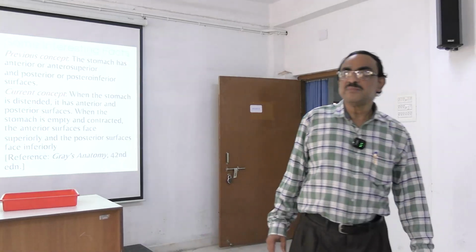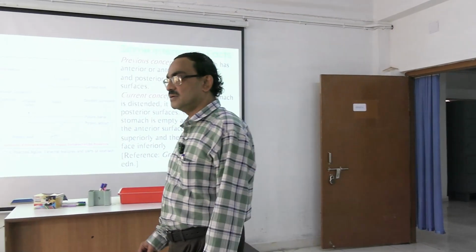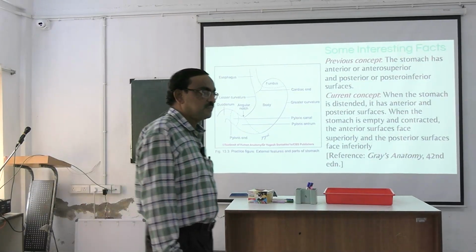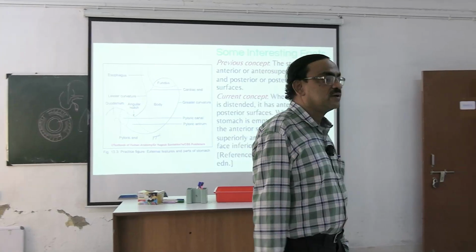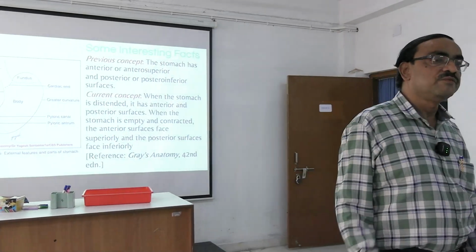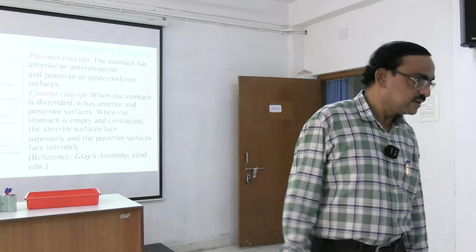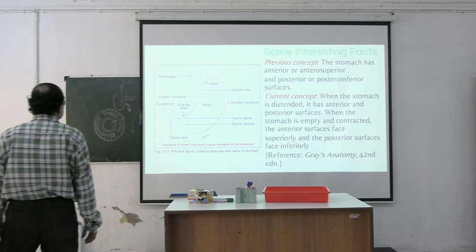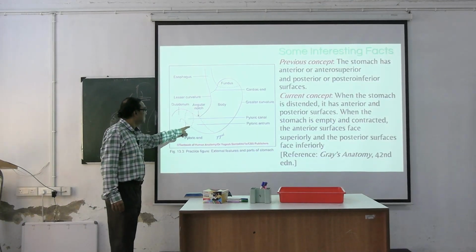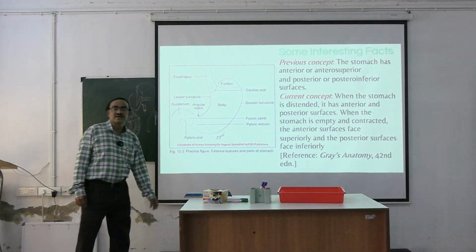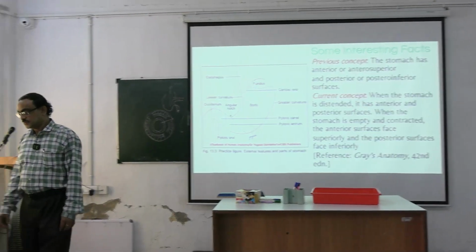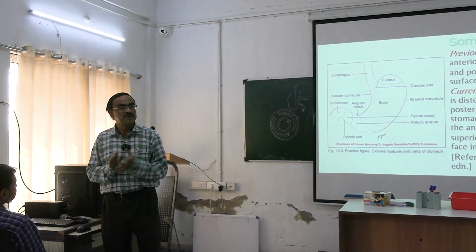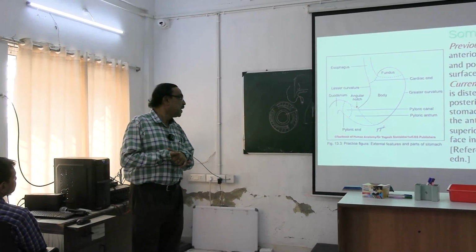The pyloric antrum is more extensive, 7.5 centimeters, and the pyloric canal is only 2.5 centimeters, that means 3 inches and 1 inch. In between there is another notch, that is the sulcus intermedius, which divides the pyloric antrum and the pyloric canal.